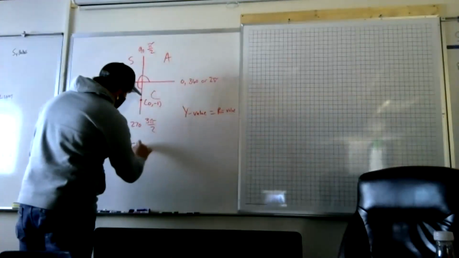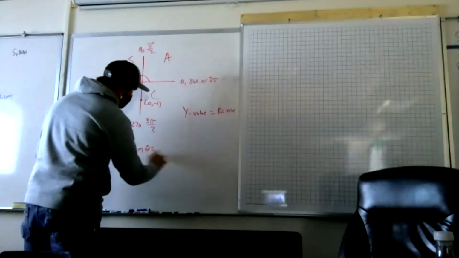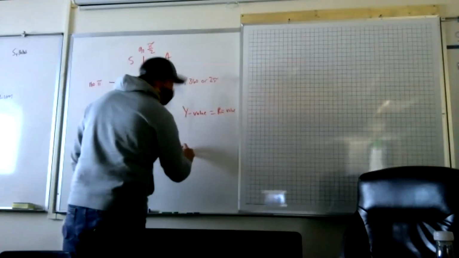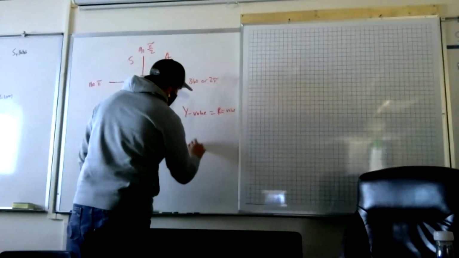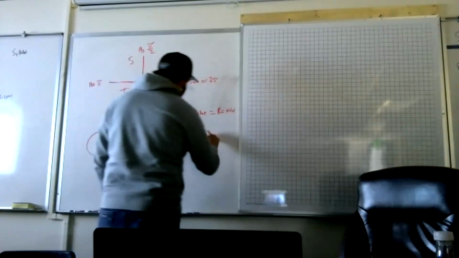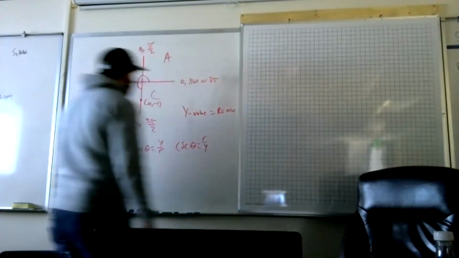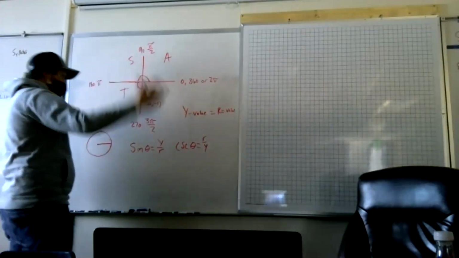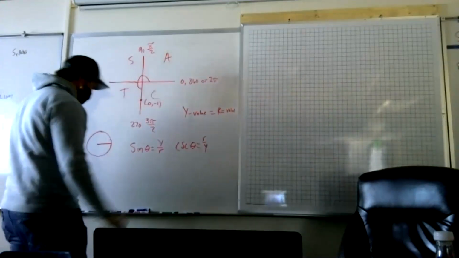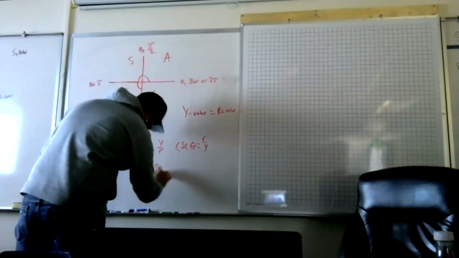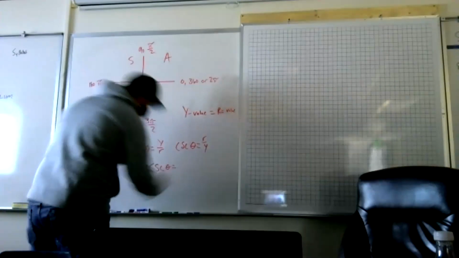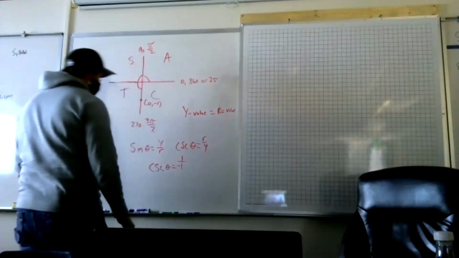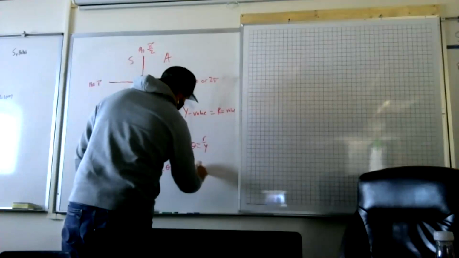So if sine of theta is equal to y over r, cosecant of theta is equal to r over y. Well, my y value is -1. My r value is 1 because r is always positive. So cosecant of theta is going to be equal to 1 over -1, which would simplify down to -1.